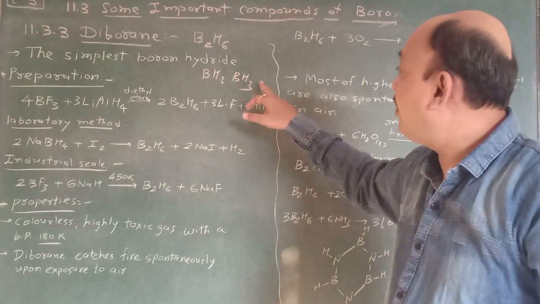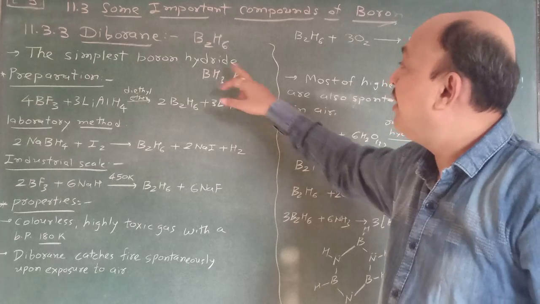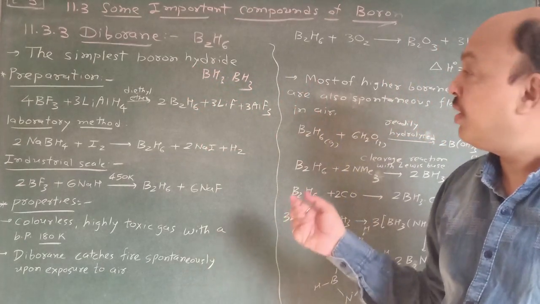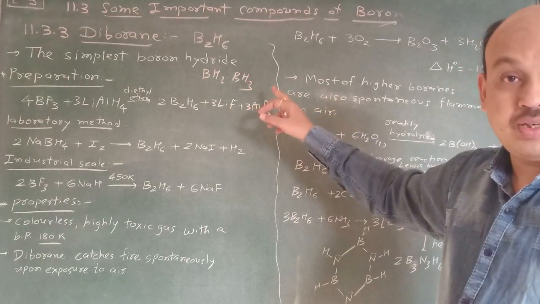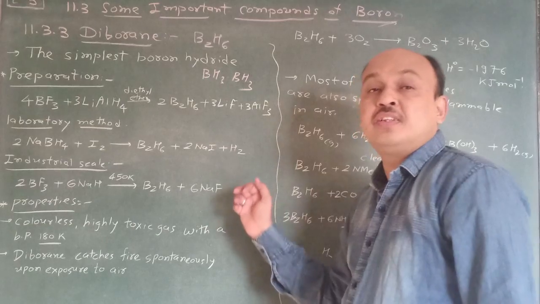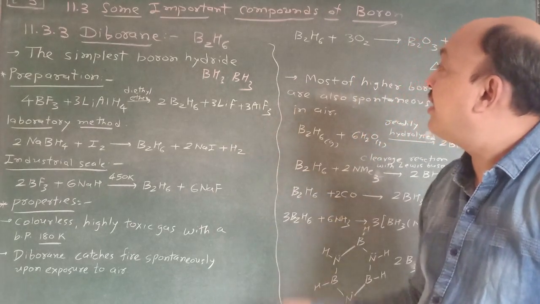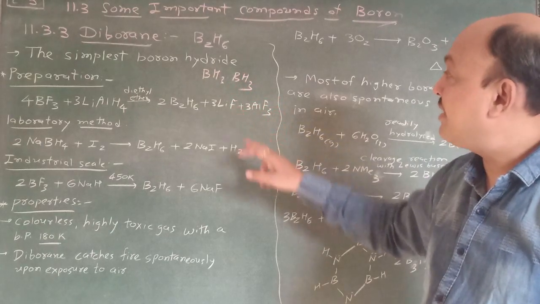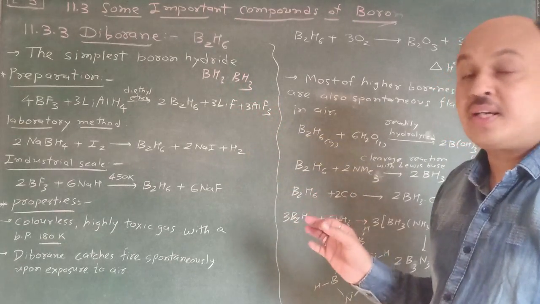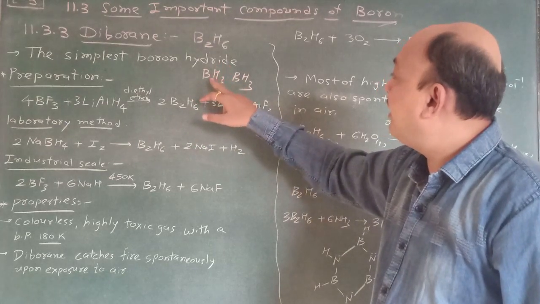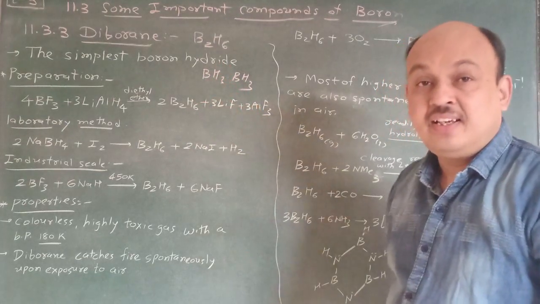This boron hydride, or diborane, possesses a bridge bond, a bridge hydrogen bond between two boron atoms. That we will see later on, but here it is very important: diborane formula is B2H6, simplest boron hydride is B2H6, and formula is we can say BH3.BH3.